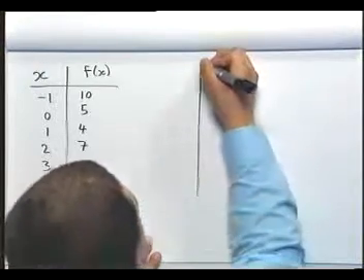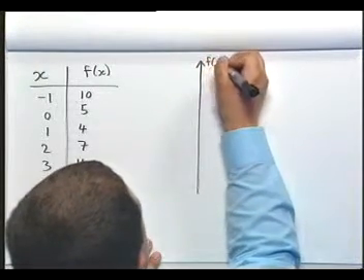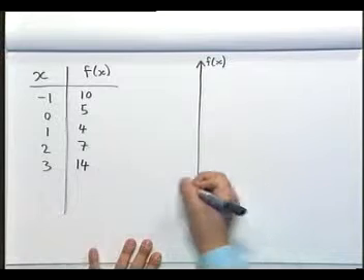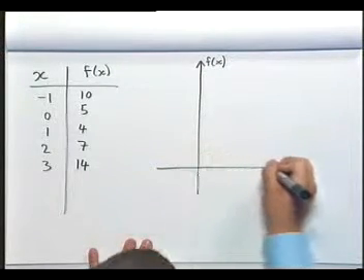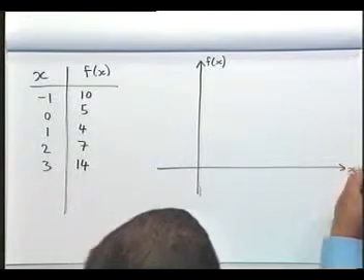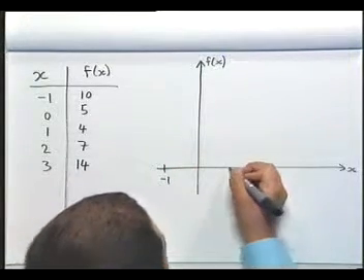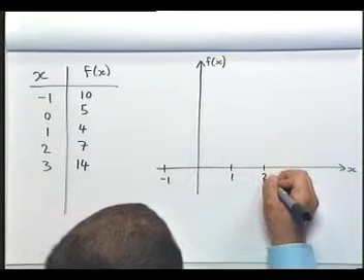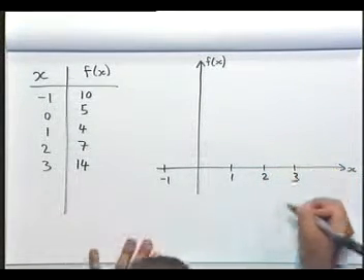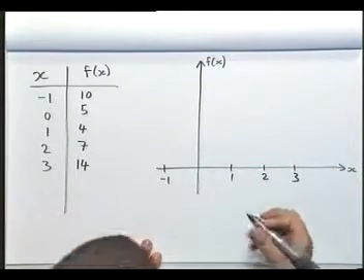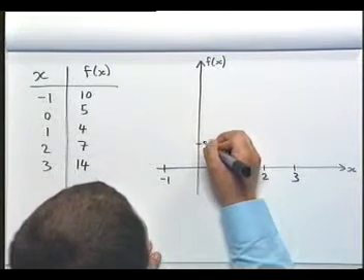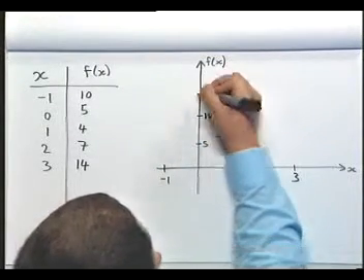We start off with our f of x on the vertical axis, as before, and our argument x on the horizontal axis. And we've got over to minus 1 there, 1, 2, and 3. And on the vertical axis, we'll go up to 15.